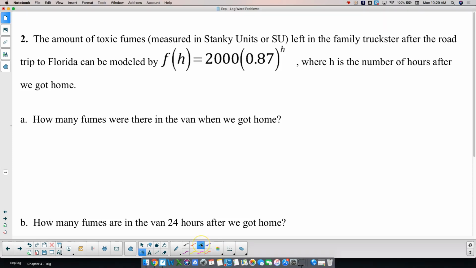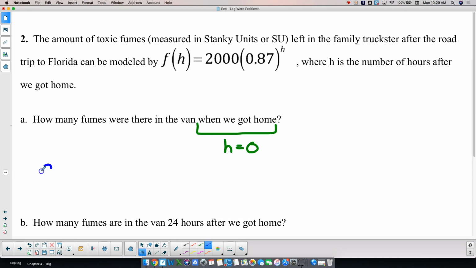When I get home, how long have I been home? How many hours have I been home when I get home? 0 hours. So h here is equal to 0.